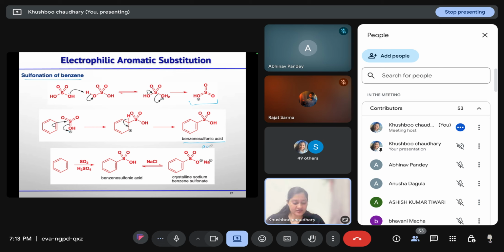This is comparatively equivalent in acidity to sulfuric acid. And if we want to get crystals of this compound, we can get them by treating it with NaCl, and it will form crystalline sodium benzene sulfonate. So benzene on reaction with SO3 in the presence of H2SO4 will give you benzene sulfonic acid.